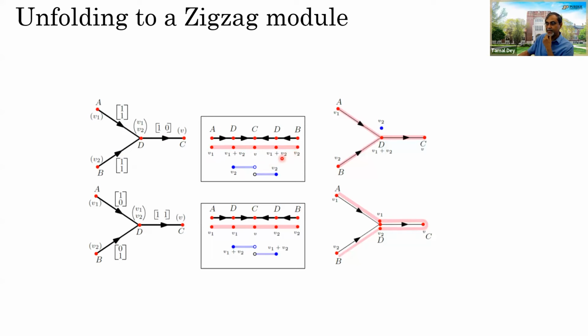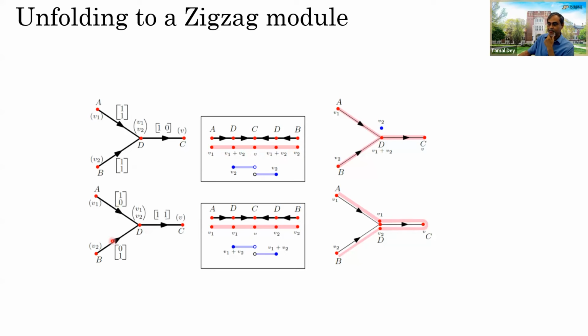They can be folded back only if at the copied points, like here D, another D, the two vector spaces are exactly equal, then I can fold back. And in this case, it is, because this is V1 plus V2 and V1 plus V2. In this case, they are exactly equal. I can fold it back. So there is a full interval module on the original module M. So in this case, the rank will be 1.